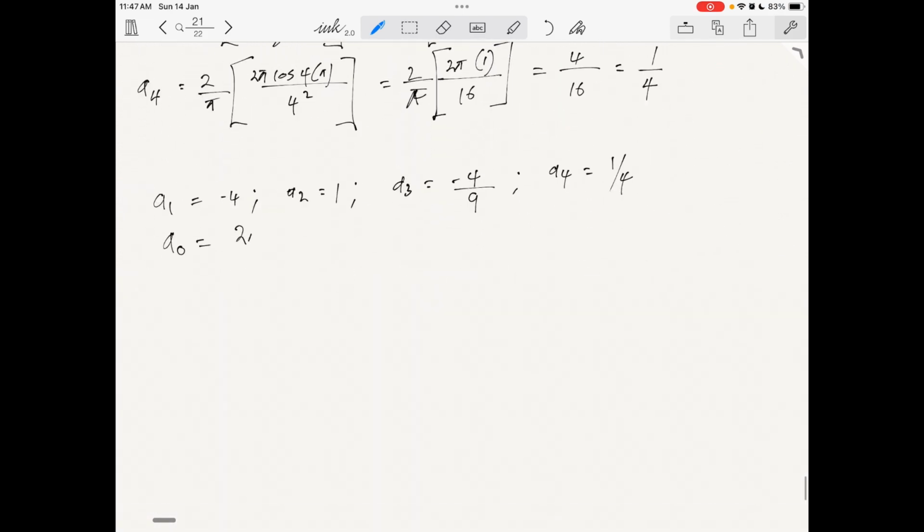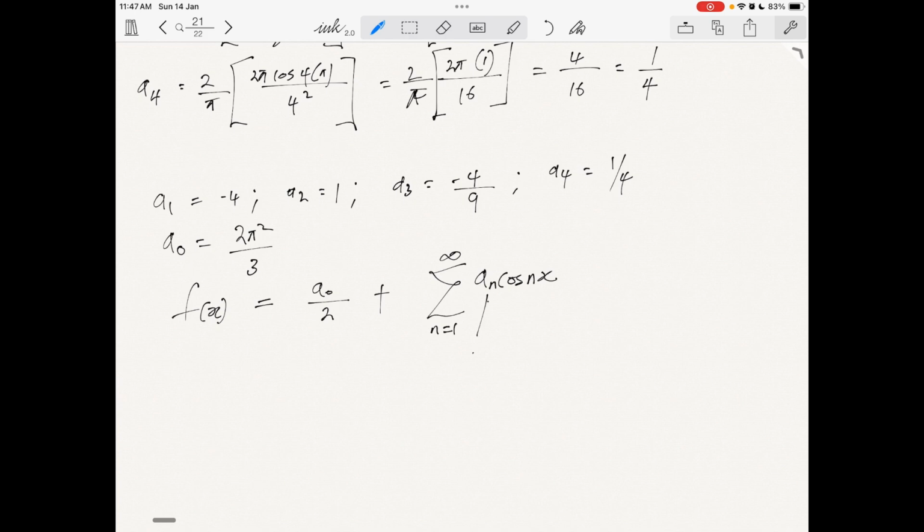Since it is a Fourier cosine series, that is an even function, our f of x is a0 over 2 plus the summation from n equals 1 to infinity of an cos nx.